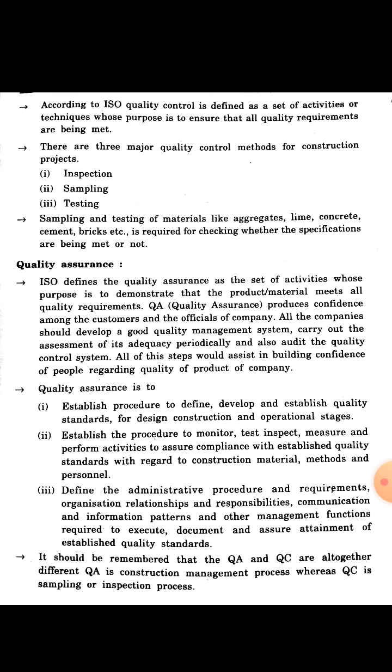And the third one is testing. Testing is done after completion of the work, on a particular part. For example, we construct an M20 grade concrete slab. At the time of the concreting work we test the concrete, to check whether the manufactured concrete is M20 grade or not.